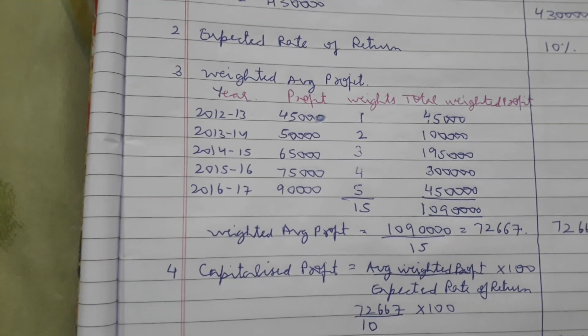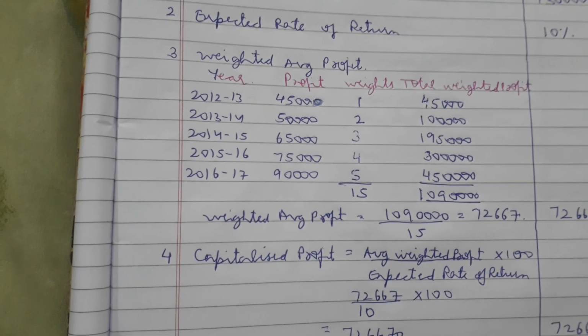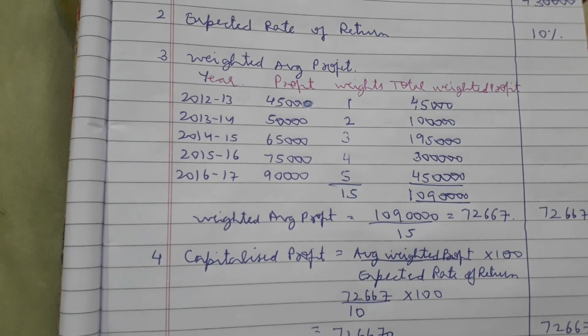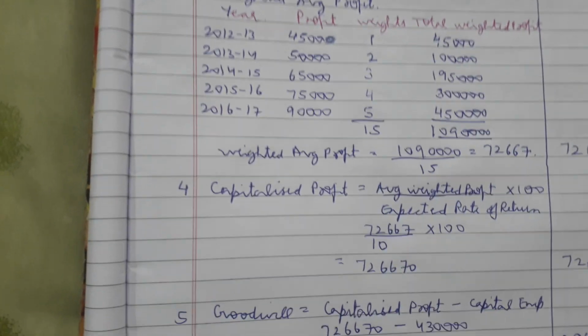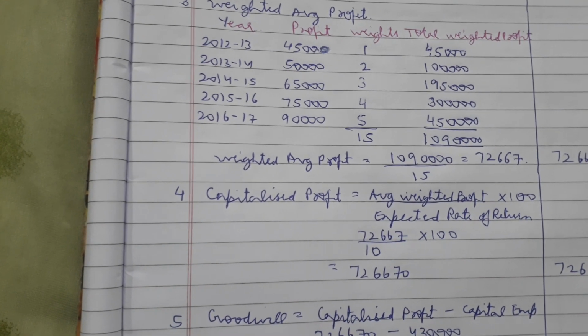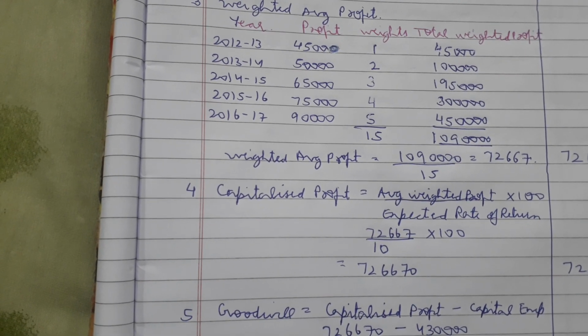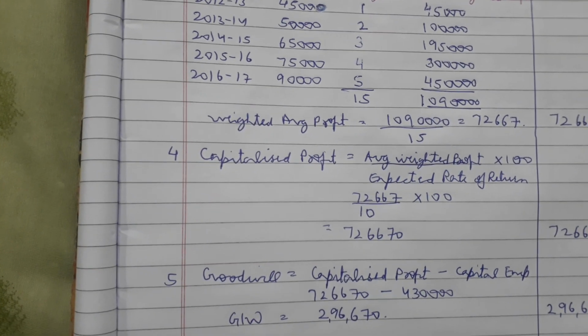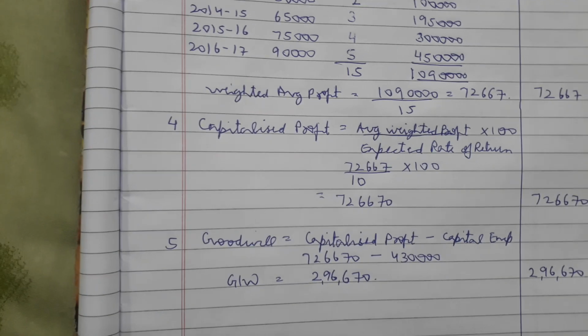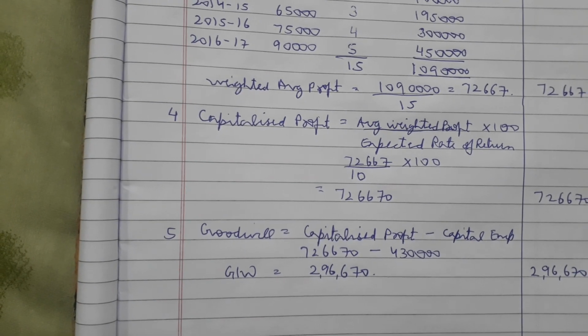So weighted average profit comes 10,90,000 divided by 15, 72,667. Capitalized profit is equal to weighted average profit upon expected rate of return into 100. So capitalized profit comes 726,670. Goodwill is equal to capitalized profit minus capital employed.